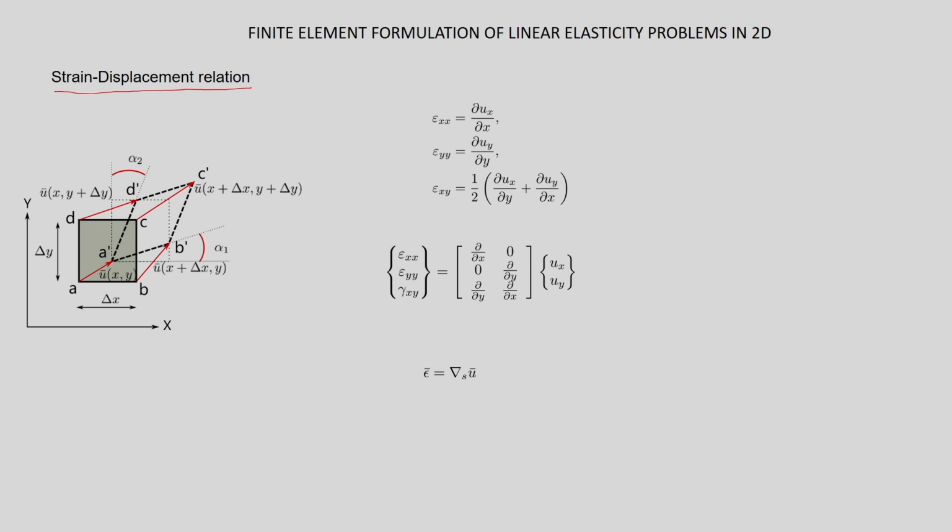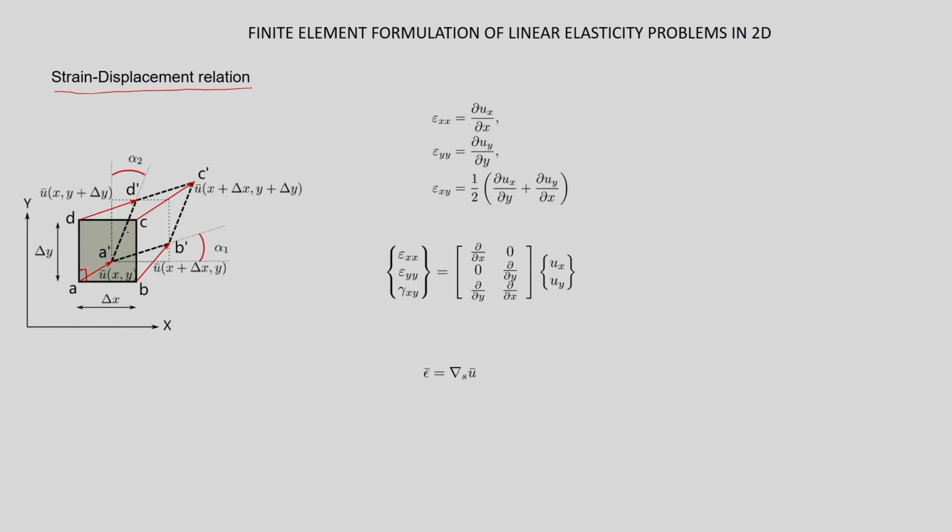Here I have shown a small material element ABCD. Initially the sides are perpendicular to each other. So this is the initial configuration of the material element, and because of the externally applied forces and the reaction forces, the material has deformed.